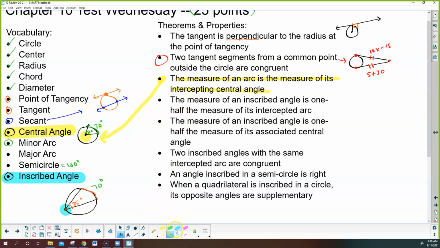All right, the measure of an inscribed angle is 1/2 the measure of the intercepted arc, and that's the example we showed here. So you do have to know, what do we mean when we say the inscribed angle and the intercepted arc?